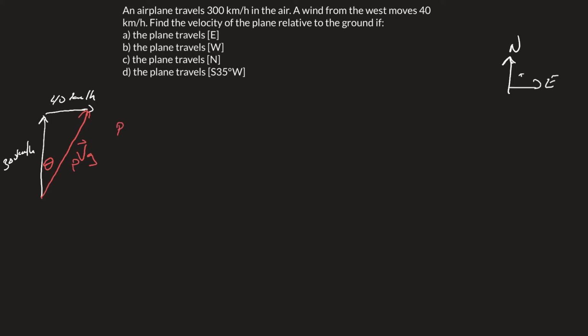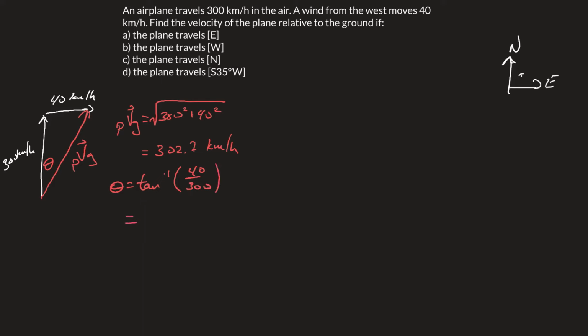So the plane's velocity relative to the ground is equal to the square root of one side, 300 squared, plus the other side, 40 squared. That's going to give us 302.7 kilometers per hour. And we need to solve for our angle. So theta is equal to tan minus 1 of 40 over 300.